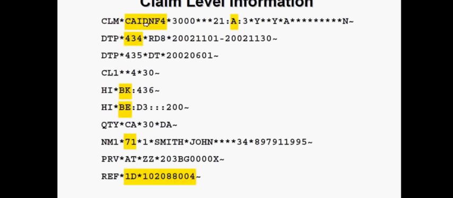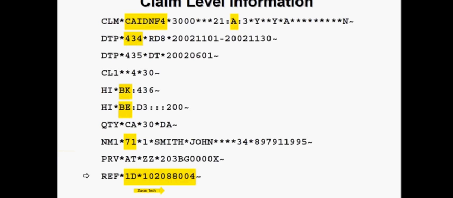So here is an example of a claim, what we have just seen: the claim level, the different dates here, the ICD codes, that means the series of codes, the quantity, and the name of the physician, then the identification number.